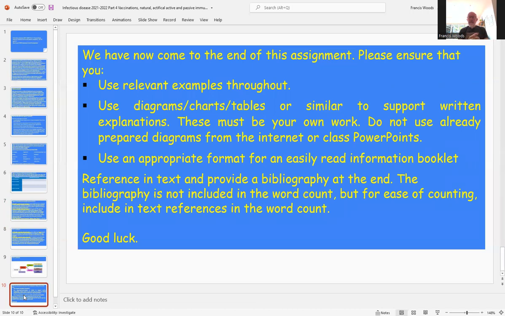Use an appropriate format. I would use A4, put a front sheet on, looks nice. Referencing text, if you please, and provide a bibliography reference list at the end in Harvard reference, in alphabetical order. Put your word count before the references, at the bottom, because I have to check your word count, and it's so much easier to put your word count on the bottom and I just sign it off to say, yes, that's your word count.